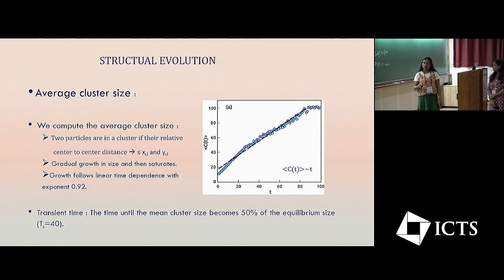Maybe the best way to look into it is the autocorrelation of this cluster size. I can look into that, because this is still ongoing work. So we are now trying to look into the autocorrelation, and then we may get better insight into that. Okay, let us thank the speaker.